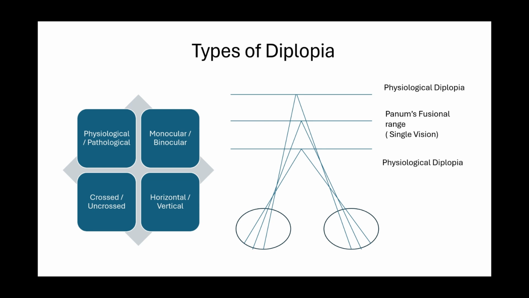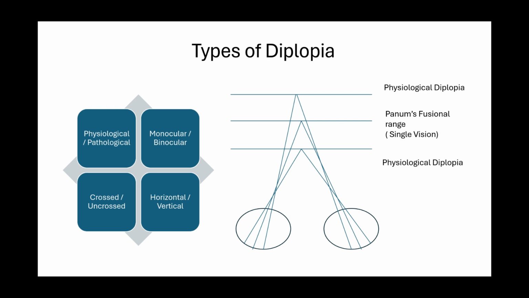Now, coming to types of diplopia, it can be physiological, like anything which is beyond the Panum's fusional range is perceived as two objects. So, this is physiological diplopia, or anything because of a paralysis or any other causes is known as pathological diplopia.